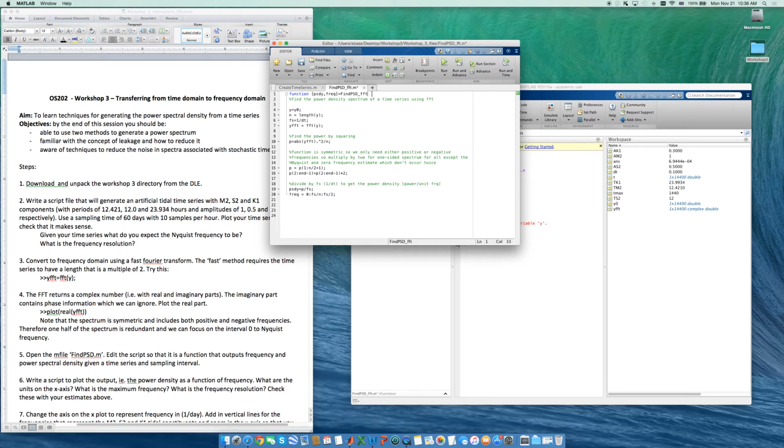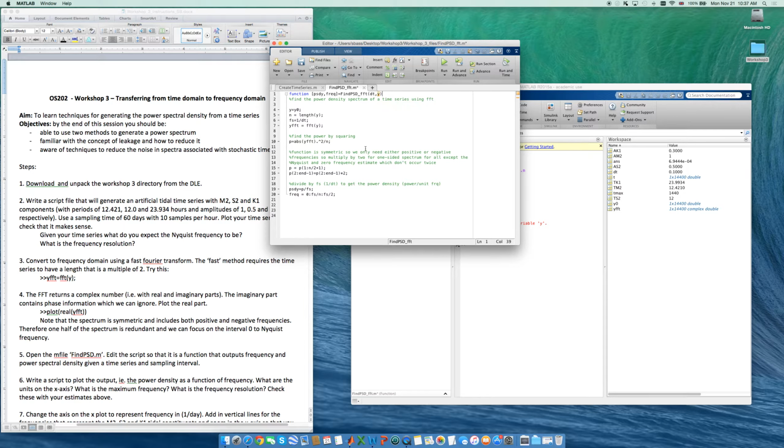So findPSDFFT, and we are going to pass it the sampling interval dt, and we're going to pass it our time series y. And that's all we need at the moment.